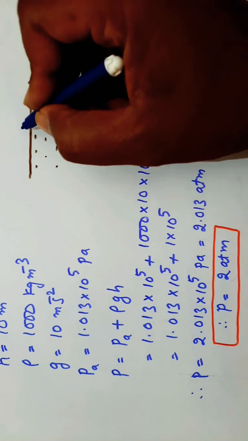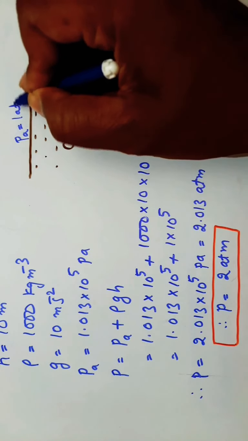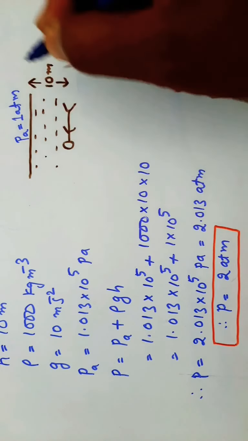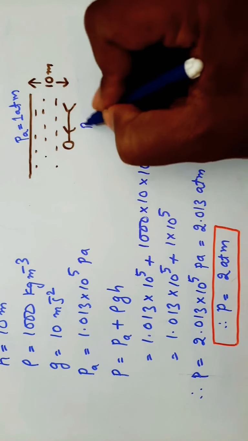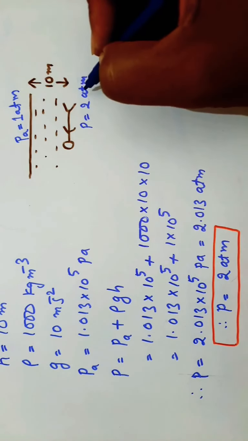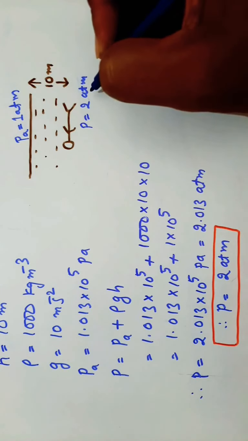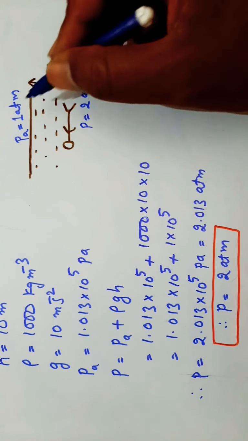At the surface of the lake, pressure is atmospheric pressure, that is 1 atmosphere. Below 10 meter depth, the pressure is 2 atmosphere. So that is double, or it is 100% increase. The pressure is increased by 100%.